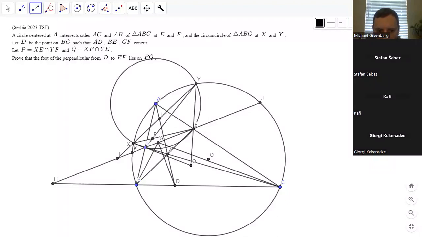There's a theorem which says IE over IF equals FX times FY over EX times EY. Oh, really? Yes, something like this. Okay. But I don't know how it helps. Hmm.